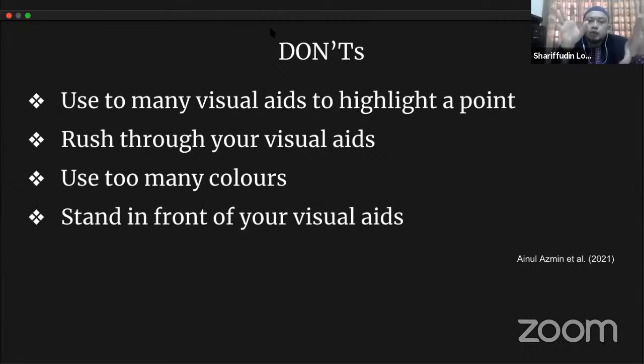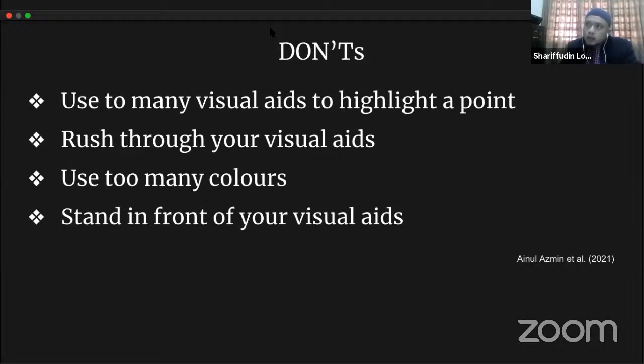Okay, do not rush through your visual aid. Rush through your visual aid, tak sempat lagi orang nak tengok, dah tukar slide. That's why this is the problem of having too many slides when we prepare a speech.